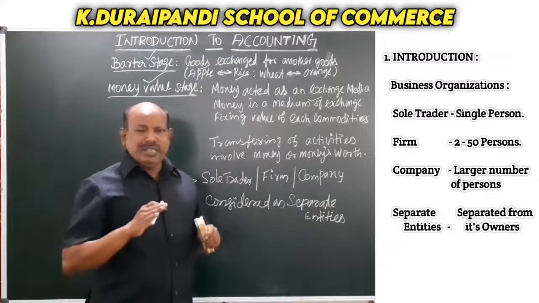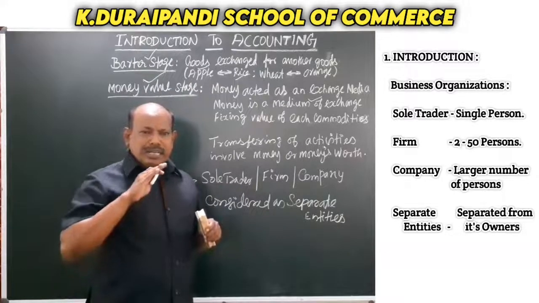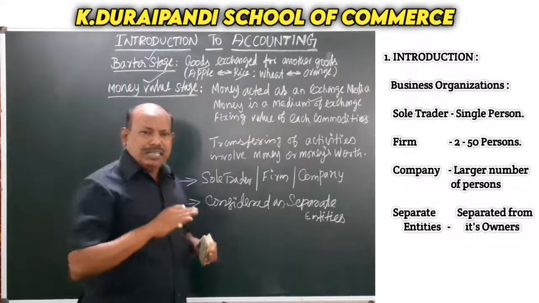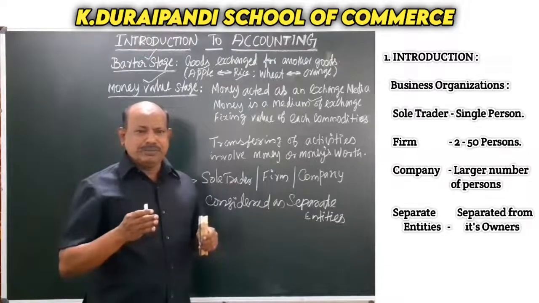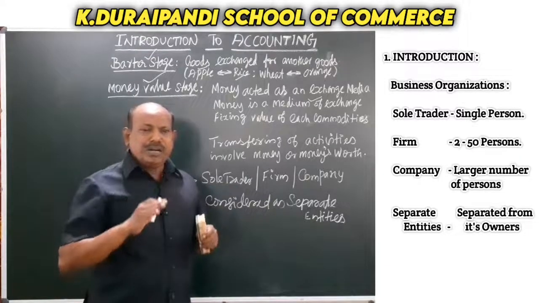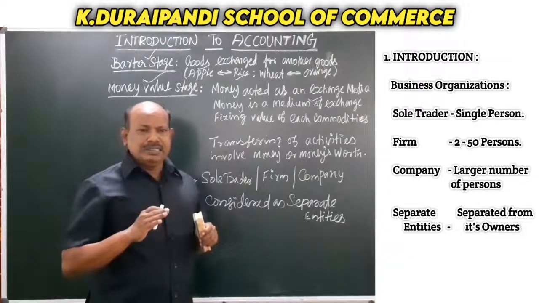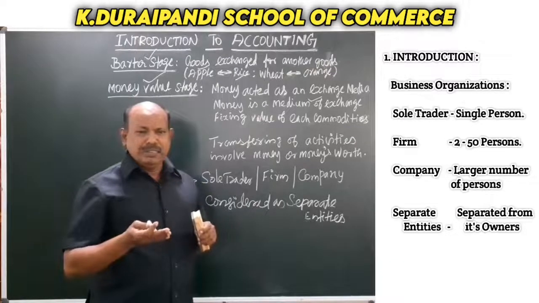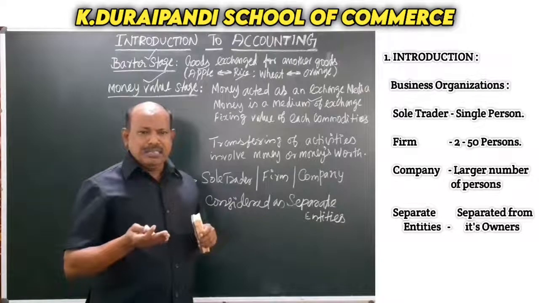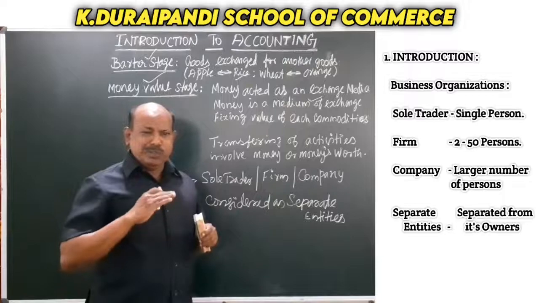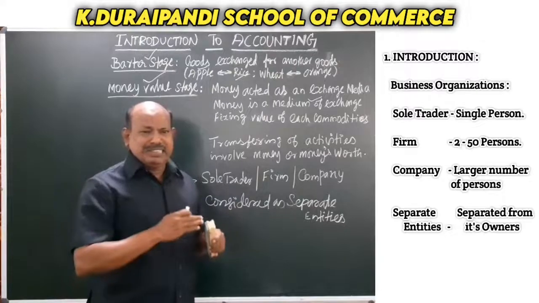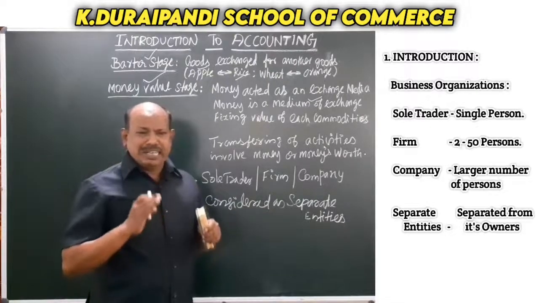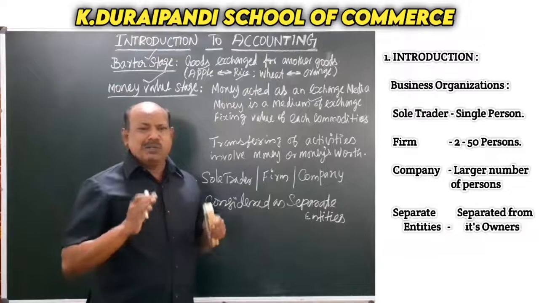Every business unit needs to record all these activities, all these transactions, for the purpose of taking important decisions, such as whether it is viable or not, whether it is reliable or not, whether it is profitable or not, whether these activities are to be continued or not. For taking these decisions, every business undertaking needs accounting.